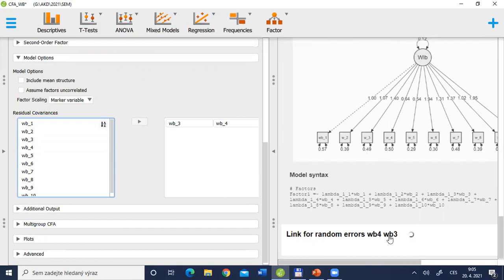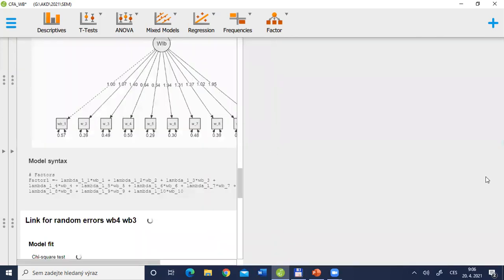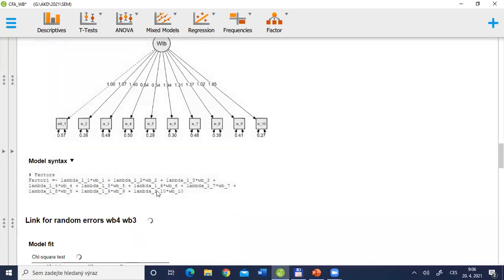As you can see, JASP will recompute my results, and after some minutes or seconds, depending on the quality of your processor, you would find results and could evaluate the second model, which could be at least slightly better than the previous one.